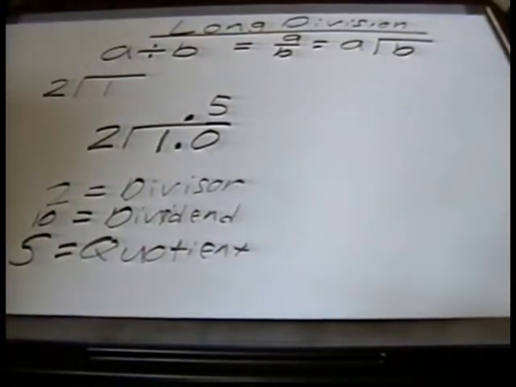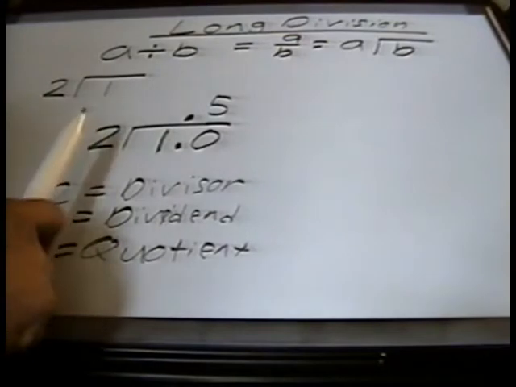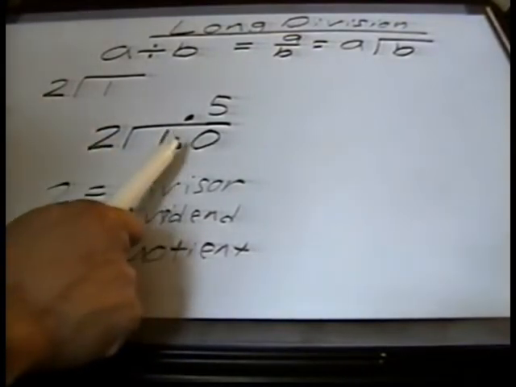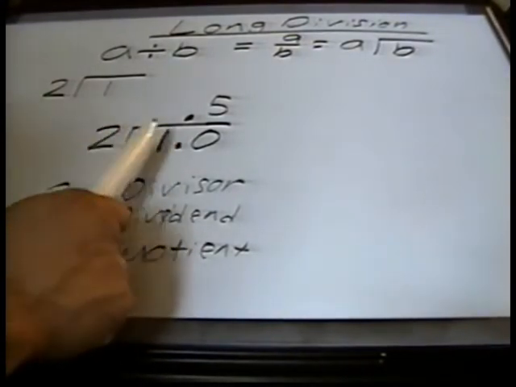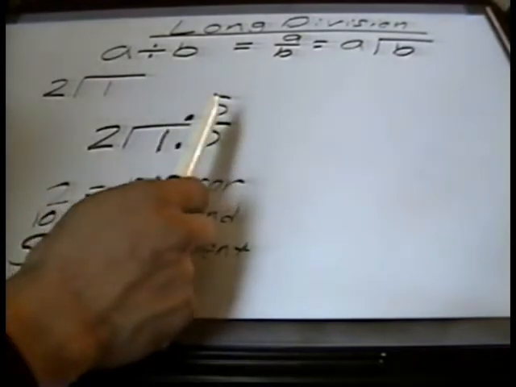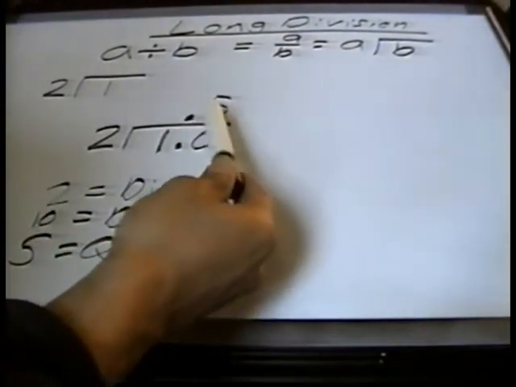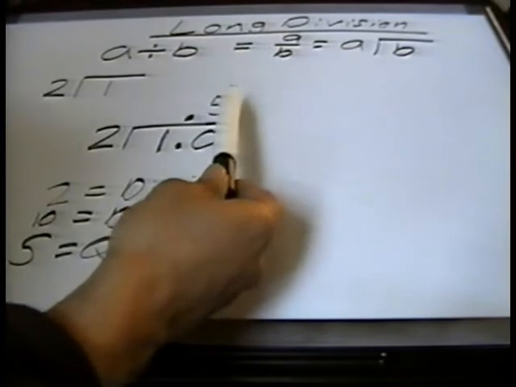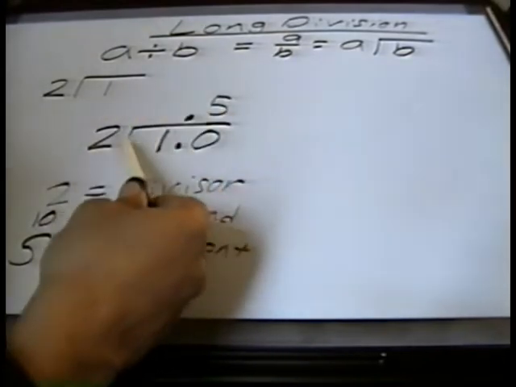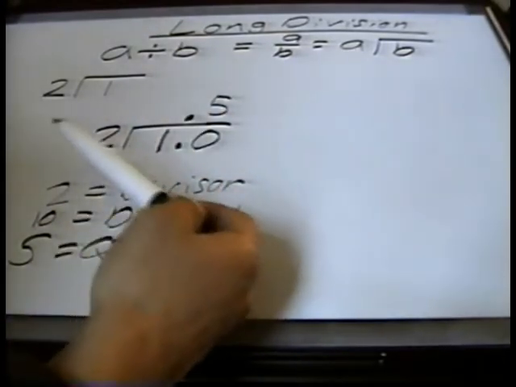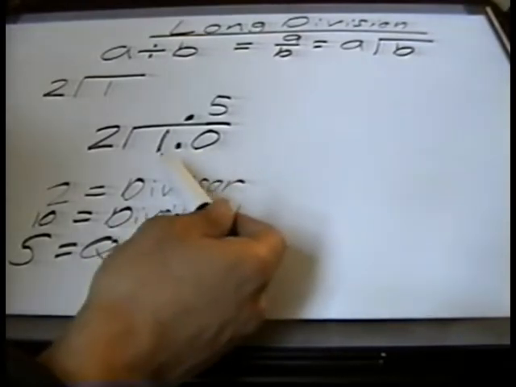Now once we get to this step, once you divide your divisor into your dividend, once you see how many times it goes into your dividend, that number is your quotient. The next step is to multiply the quotient by the divisor and then subtract the result from the dividend.